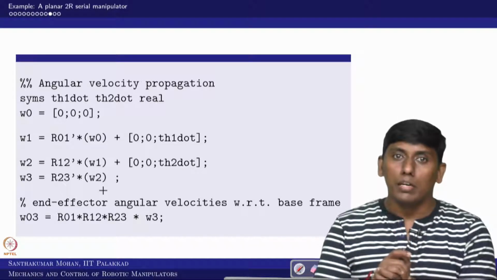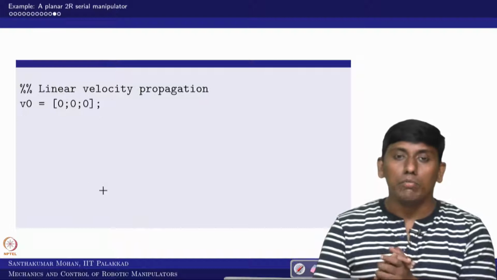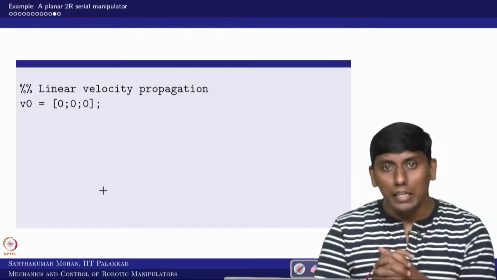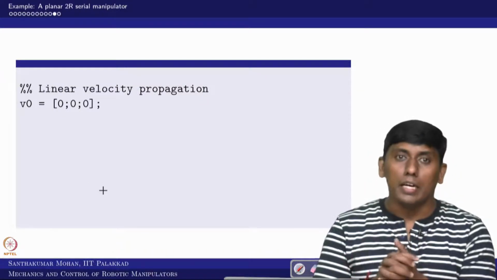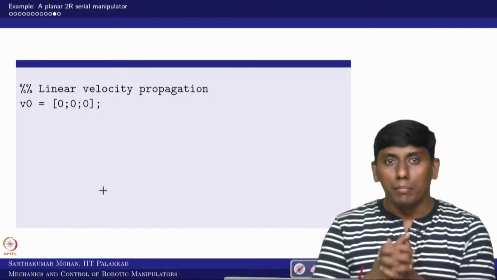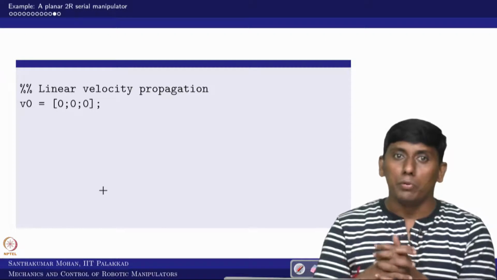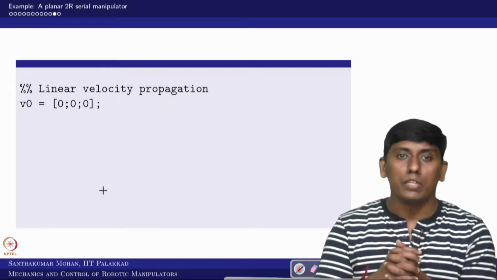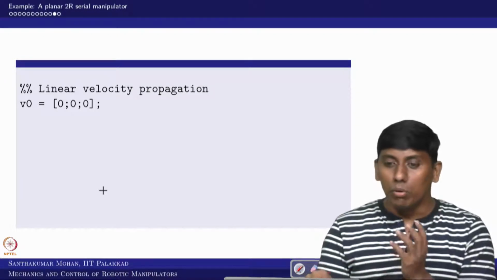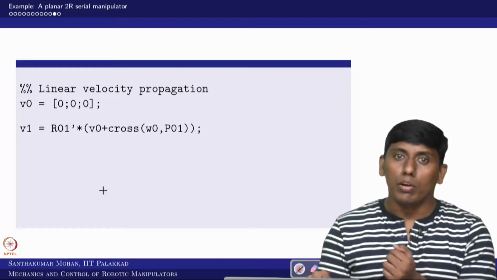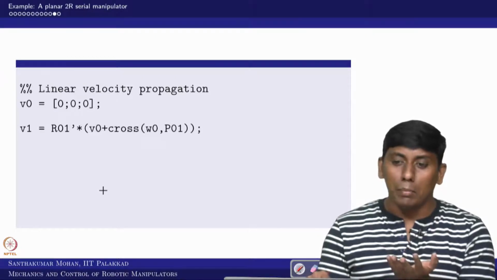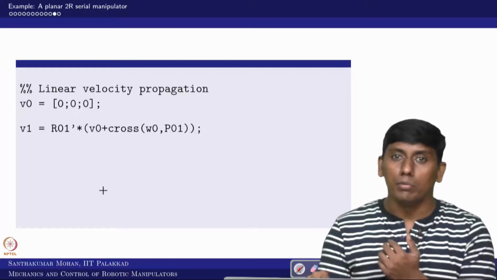So let us go one step further. We can try to understand the linear velocity propagation. For that, again the base we are starting is fixed, so the linear velocity would be 0 0 0. If it is put on the mobile base, then this would come with the mobile base velocities. So once this is all done, we can go to the velocity propagation model where the slip velocity and the tangential velocity would be coming.